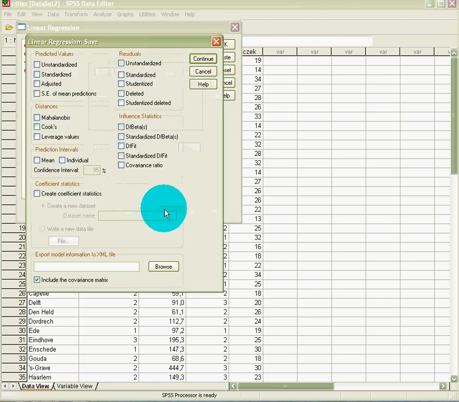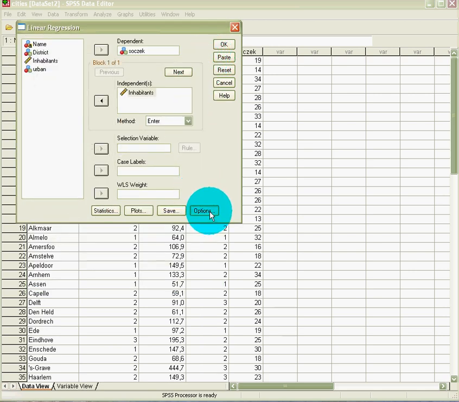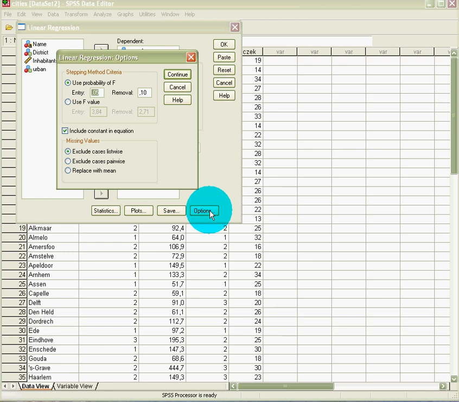No. We want to save certain things: the unstandardized predicted values, the unstandardized residuals, and the standardized residuals. I think these will come in handy, and let's click on Continue. Other options, no, we do everything with 95%, so let's continue.